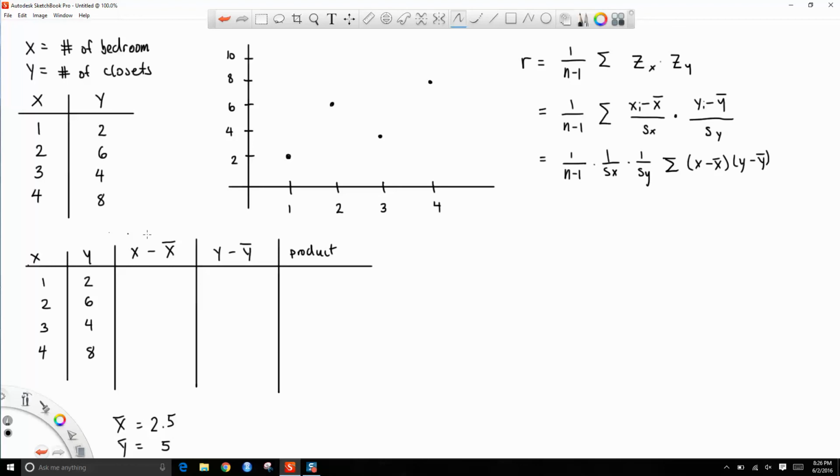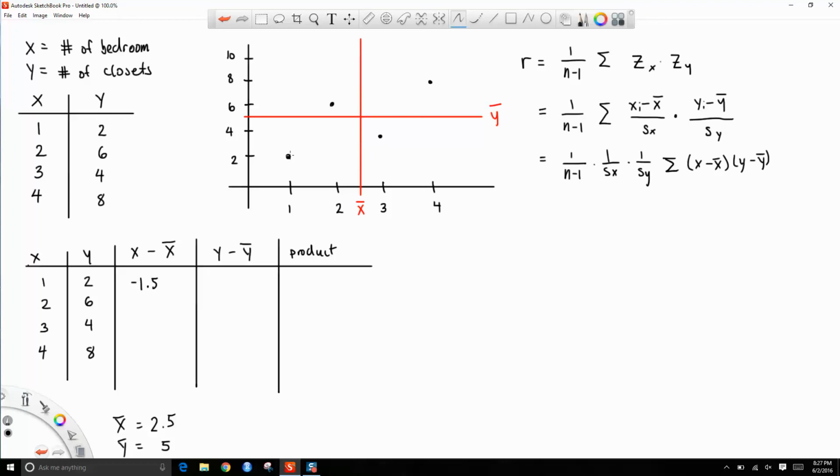Okay, so I'm going to draw a line here at 2.5 to indicate the mean of x, and a line here at 5 to indicate the mean for y. So this is y bar, and this line represents x bar. What we see is that the value 1 is 1.5 lower than the mean.